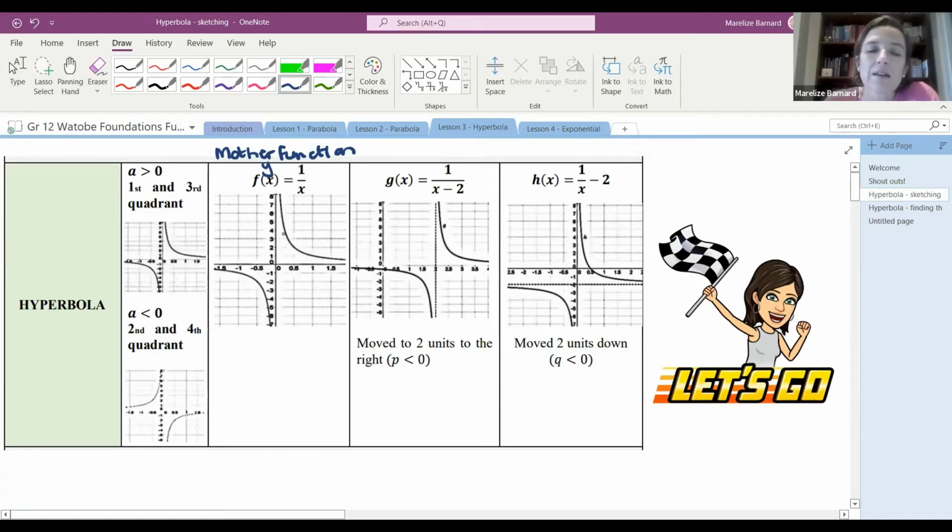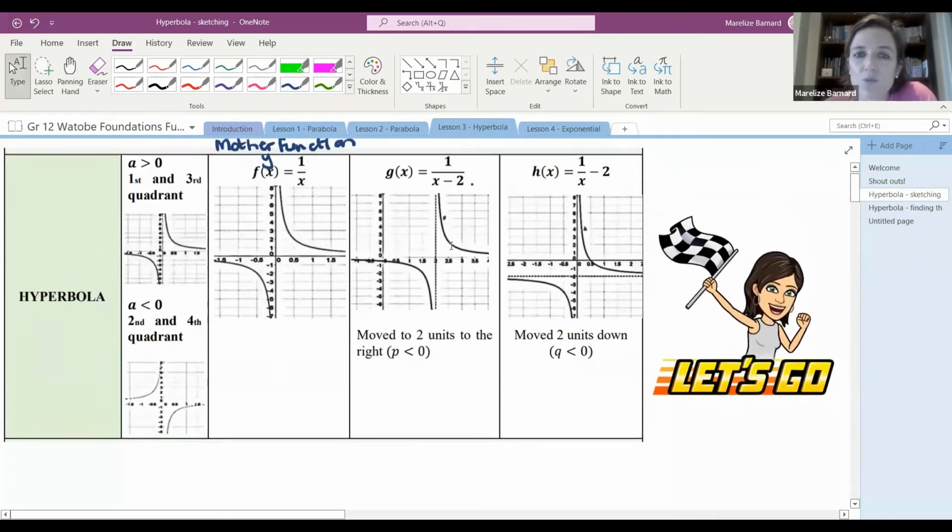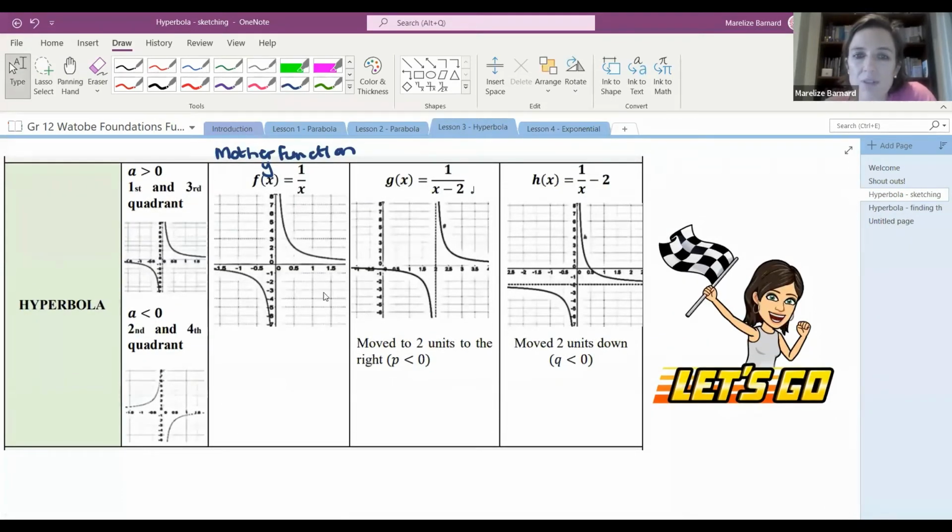And if this is the mother function, then it can be shifted left, right, up and down. If we shift it left or right, we are going to add and subtract from the x's. And that is what we have done in this second sketch over here. 1 over x minus 2. And it is also a bit counterintuitive.